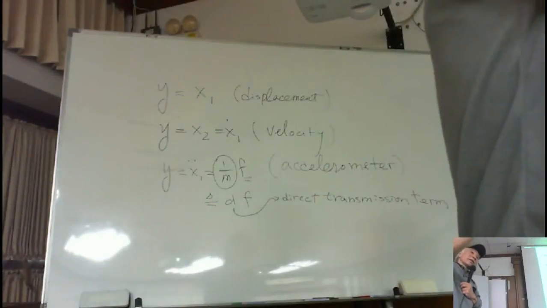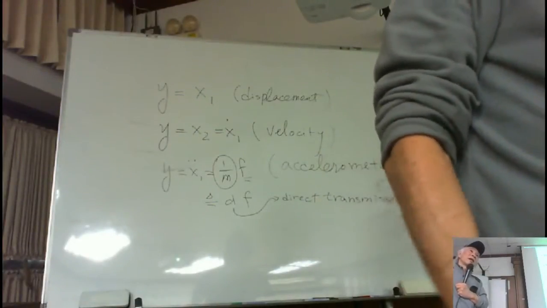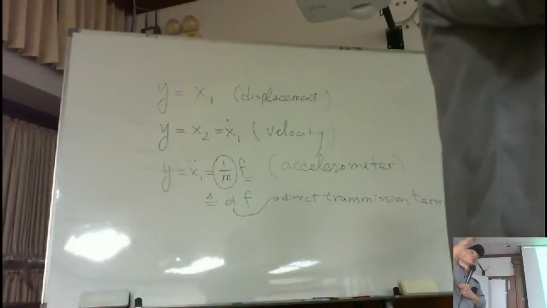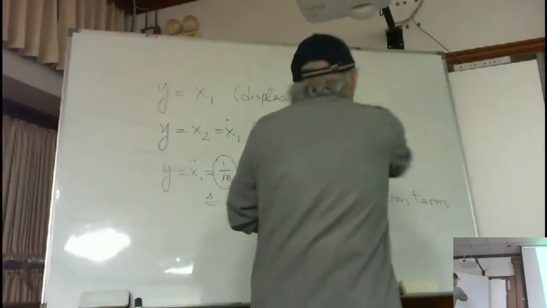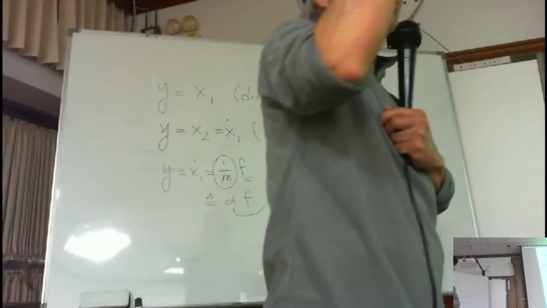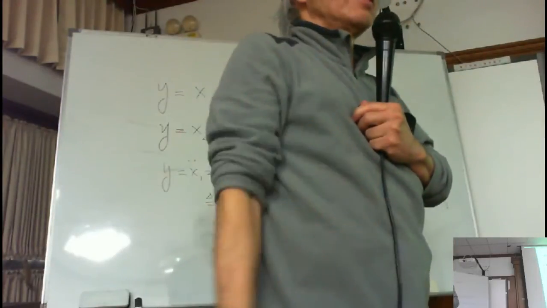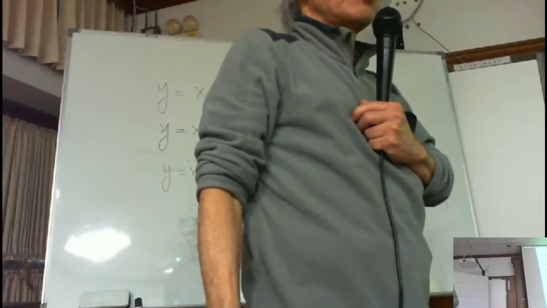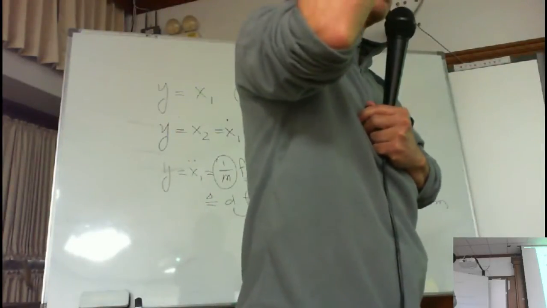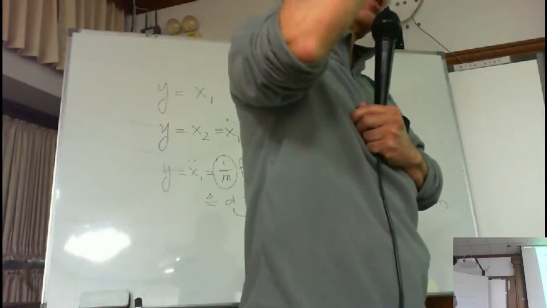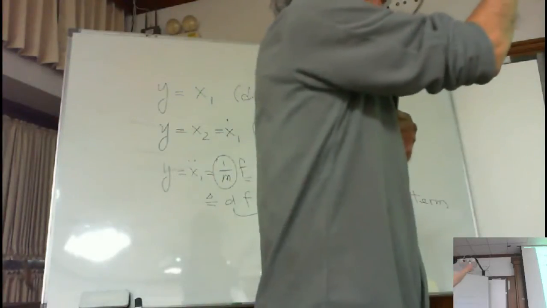So if I give you a problem, and I say I'm going to use the accelerometer to measure the motion quantities, then what do you get? You get the direct transmission term. You don't get any state for rigid body motions.